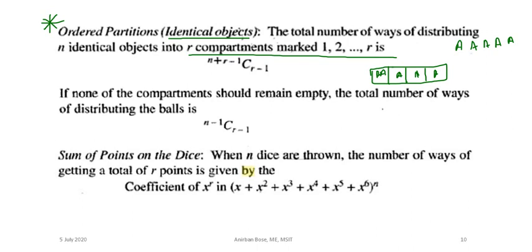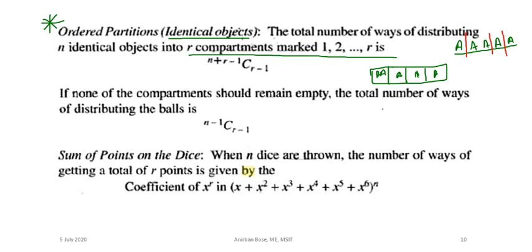To do that, you see first there are 5 identical objects. Now suppose you have to divide them into 4 compartments. So we divide this using certain strokes. Let us consider we divide this by 1 stroke, 2 strokes, 3.